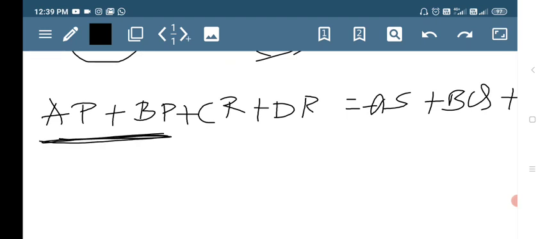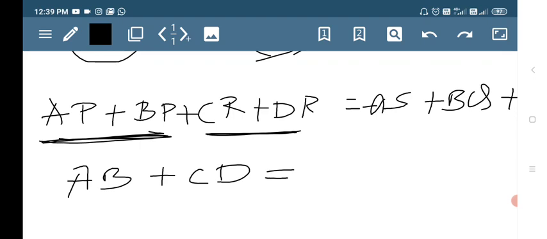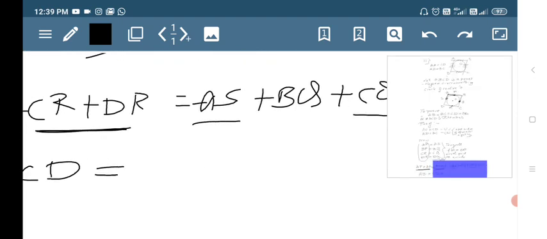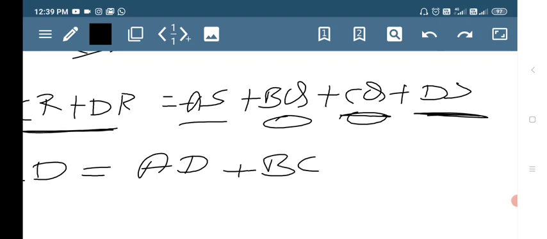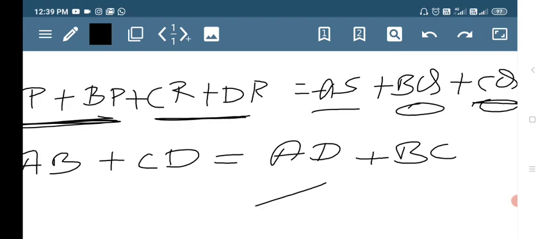So what is AP plus BP? AP plus BP is equal to AB. CR plus DR is equal to CD. AS plus DS is equal to AD. BQ plus CQ is equal to BC from the figure, right?